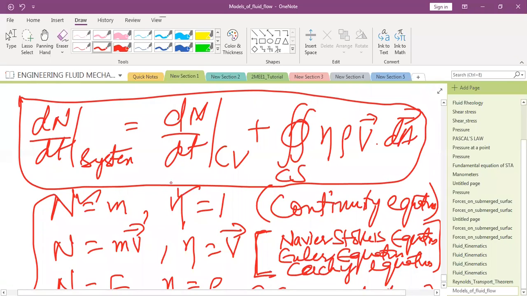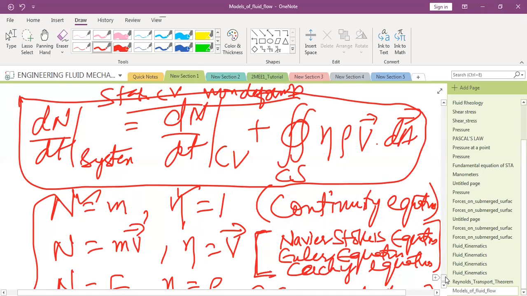Is that clear? Any doubts to anyone? This is the expression for a stationary control volume, that is, non-deforming. Any doubts to anyone?